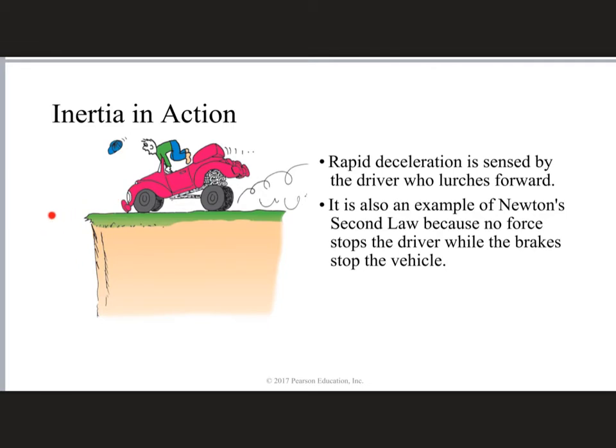You say, oh no, I'm going to fall off the cliff here, so you slam on the brakes. Well, the brakes slow the car down. They act on the car, but you are still moving forward with the same speed that you had. And so you feel yourself moving forward. Now, if the friction between the seat of your car and your bottom is strong enough to slow you down with the car, you will not be injured by this.